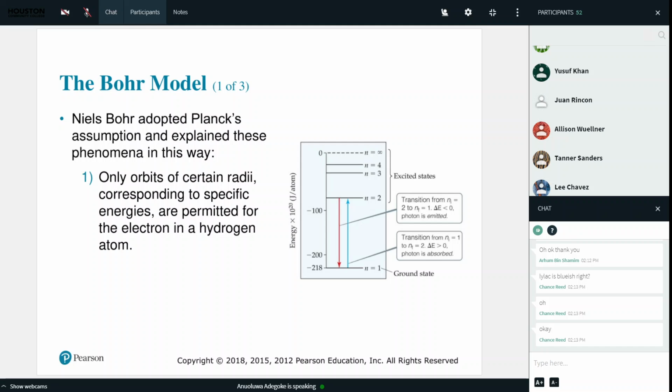All right, so we want to look at the Bohr model of the atom. Niels Bohr adopted Planck's assumption and explained the phenomena this way. Take this like an atom. I know many of you are used to writing electronic configuration, for example for hydrogen, and just putting one electron in hydrogen.